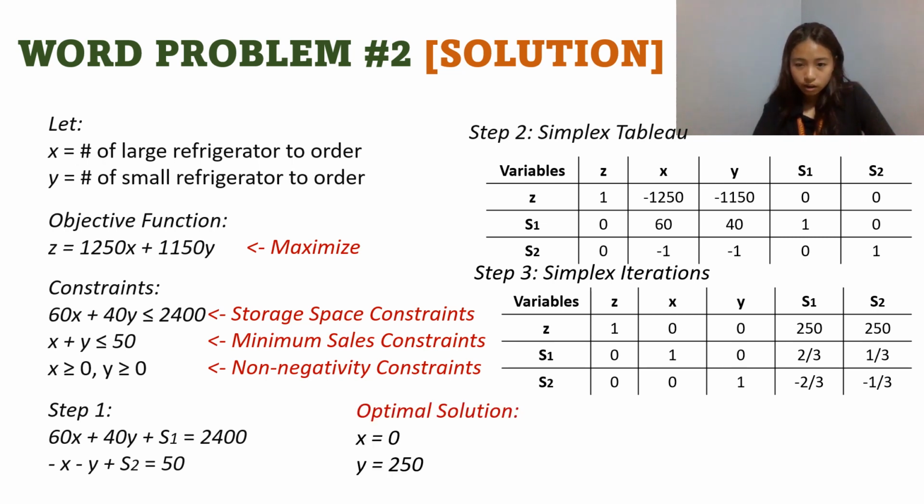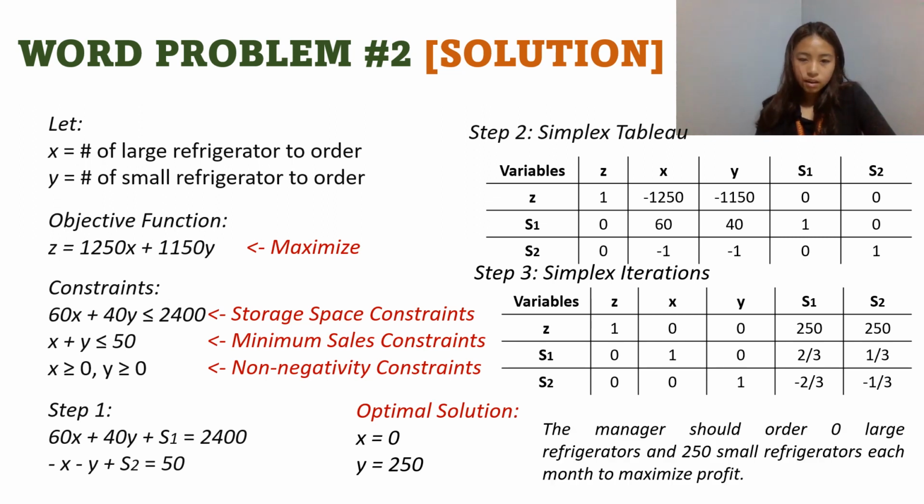These are our optimal solutions: x = 0 and y = 250. So the manager should order 0 large refrigerators and 250 small refrigerators each month to maximize profit.